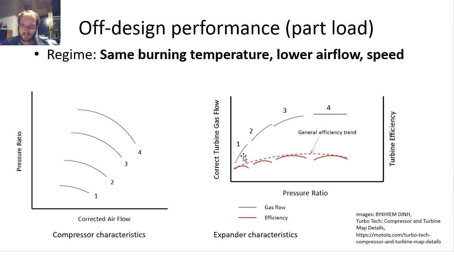In a very simplified manner, you could imagine the turbine characteristics as just nozzle characteristics, meaning a higher pressure ratio gives a higher gas flow rate through it. But what is important is that as we decrease the speed, each speed has some maximum of efficiency, and the general trend in the efficiency going with the speed down is slightly negative.